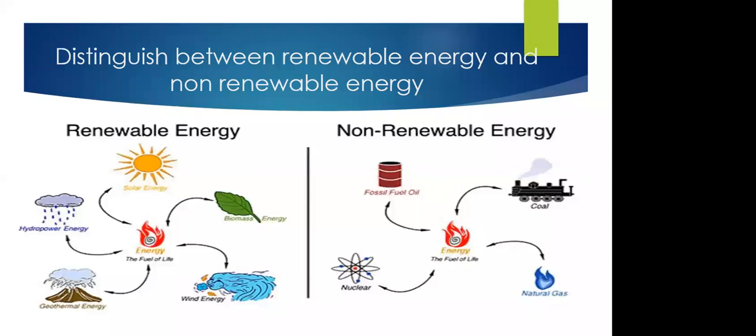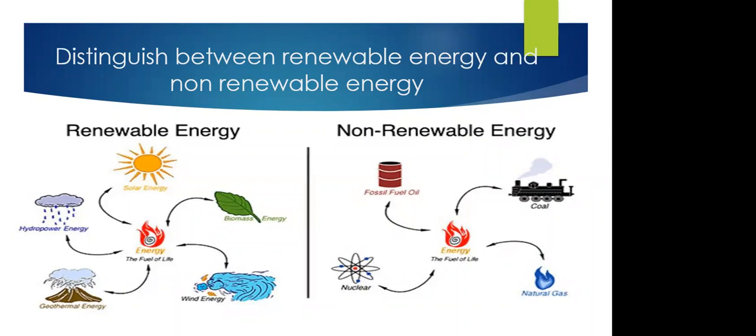Next is natural gas. Natural gas is a naturally occurring hydrocarbon gas mixture consisting primarily of methane, but commonly including varying amounts of other higher alkanes and sometimes a small percentage of carbon dioxide, nitrogen, hydrogen sulfide, or helium.